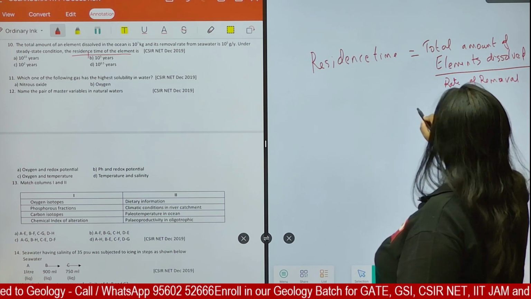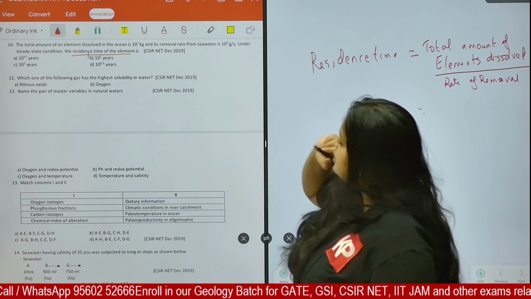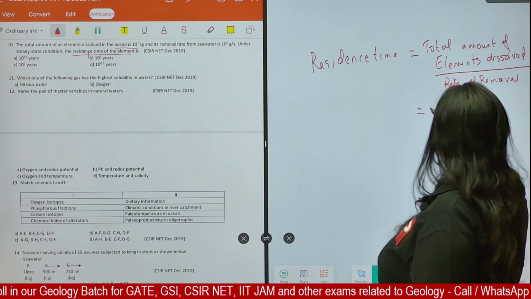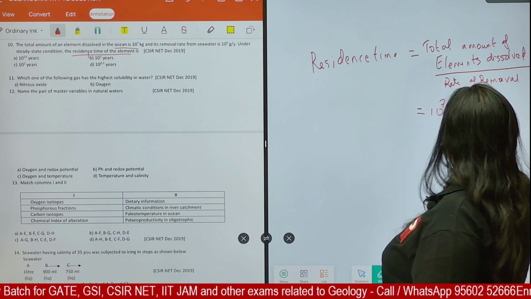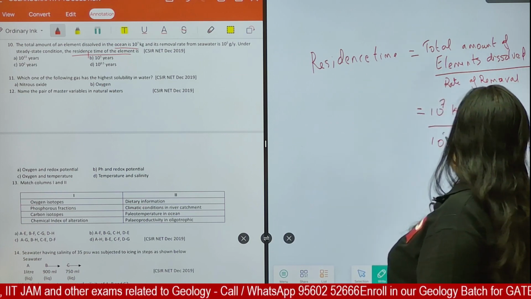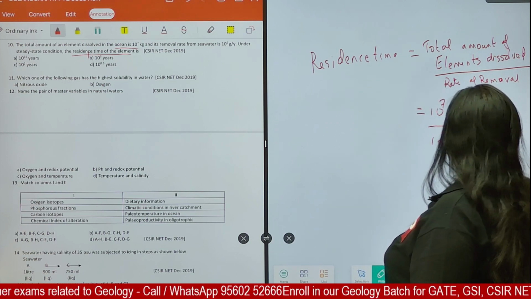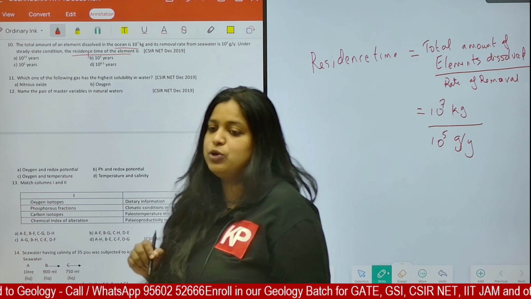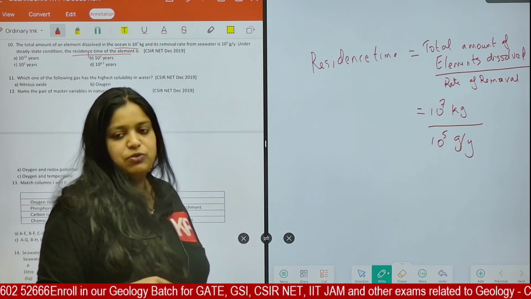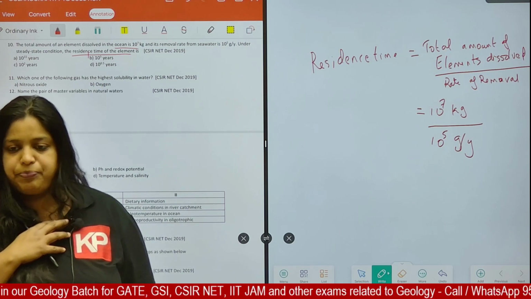Okay, so here they have provided that the total amount of element dissolved in ocean is 10 raised to 7 kilogram divided by the rate of removal, 10 raised to 5 gram per year. So this is important. You have to look at the units over here. One is in terms of kilogram, the other one is in terms of gram.